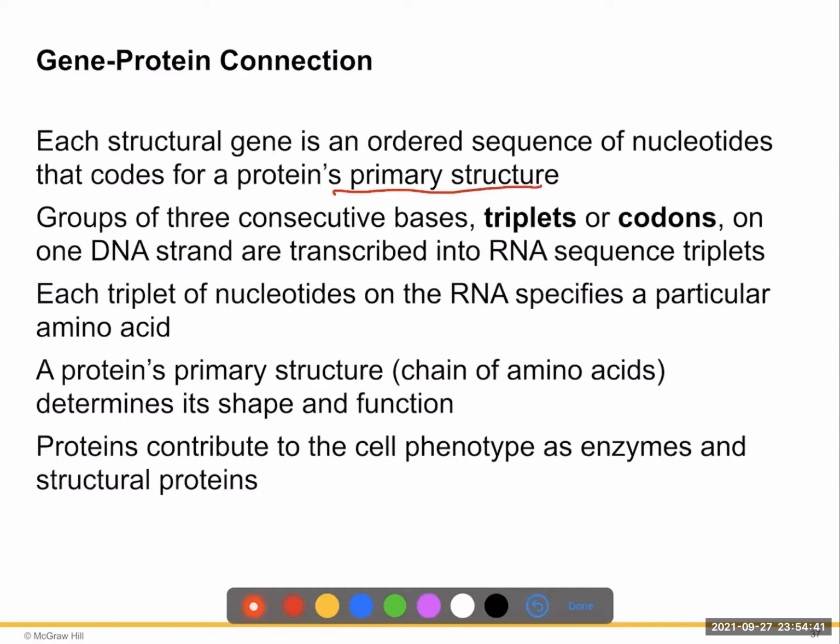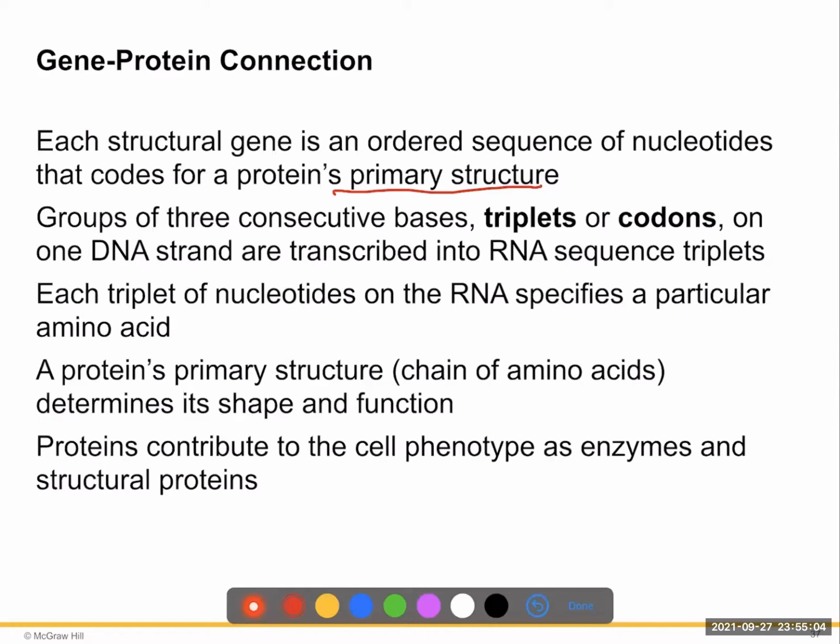The tertiary structure is when they form the three-dimensional shape, which makes them active. And the quaternary form is when more than one of these tertiary proteins come together to form a functional unit. So that's what the genes determine, that sequence.